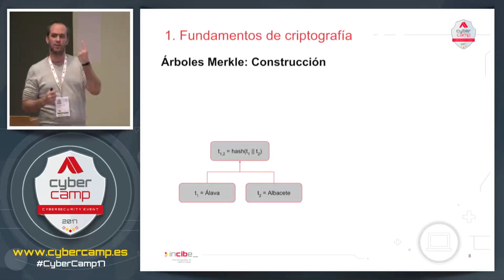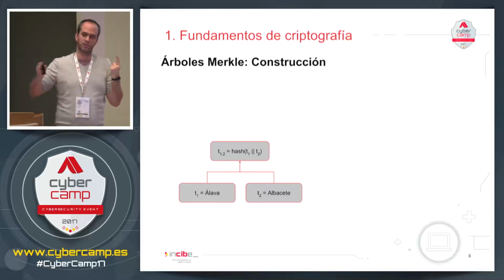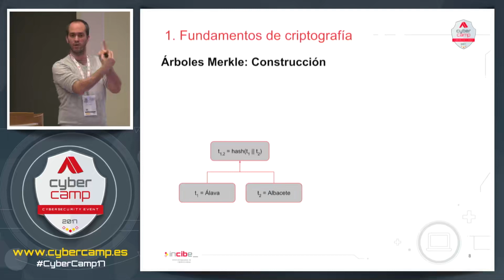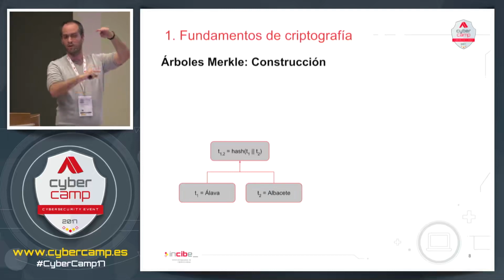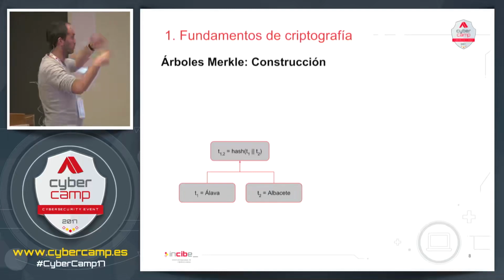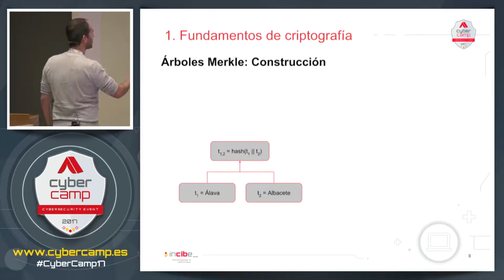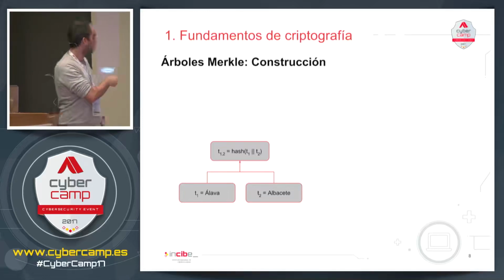In the end, my set is always going to be represented by 1 hash value, whether it's got 1 element or 5 million. And below this hash value, I can create a tree structure, which will have a logarithmic function in comparison to the number of elements in my set. So you take the Albacete value and you take the Álava value, and I combine them in this way.